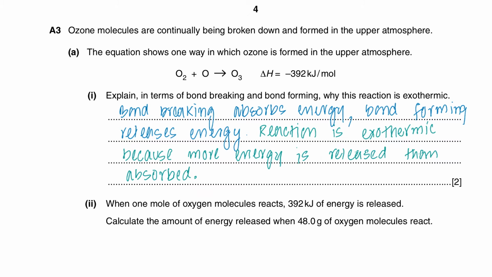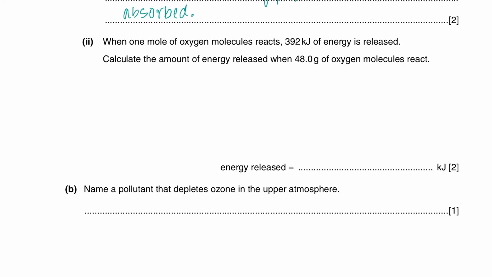Alright, I hope that makes sense. Let's move on to the next part. Alright, this is an interesting question, but really straightforward. If 1 mole of oxygen reacts, it'll give you negative 392 kilojoules.